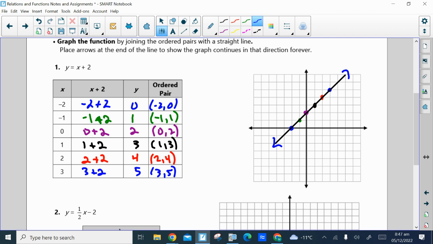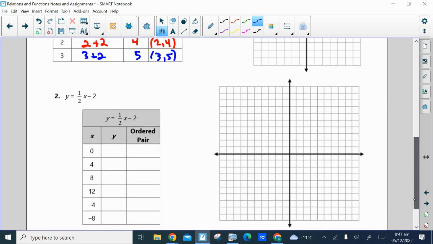My advice, if you don't have a table of values set up for you, and you're going to make up your own, do at least 3 points. Because if all 3 points line up, that means you've probably done things correctly, probably. If only 2 of them line up, there's a mistake somewhere, so you got to go back and check. Technically, you only need 2 points to draw a line, but we're always going to find more than that just to make sure that we're on the right track.